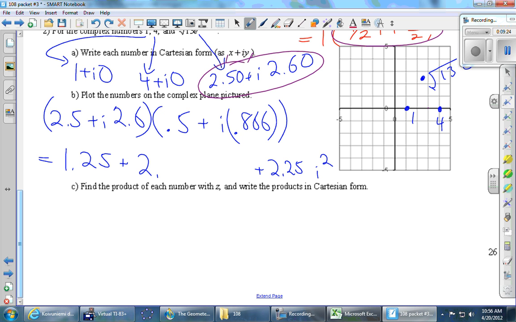And can you say that first thing but without the root 3 over 2? Just give me a decimal. 2.17, we'll say.